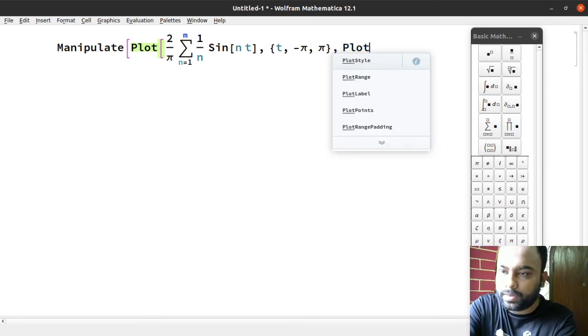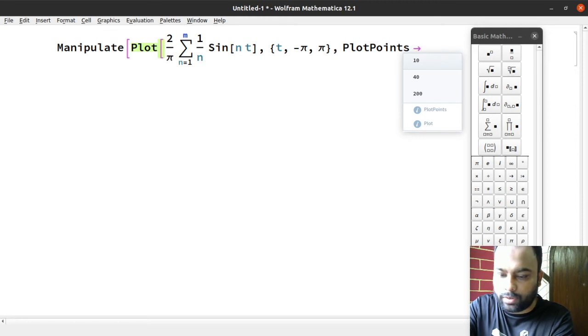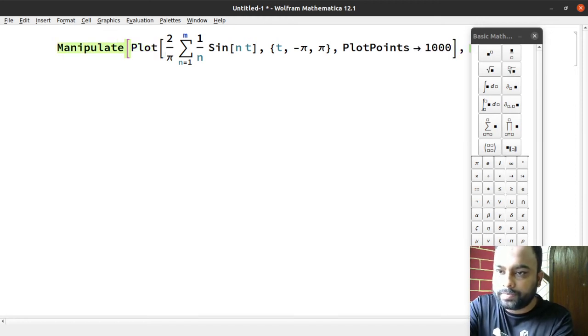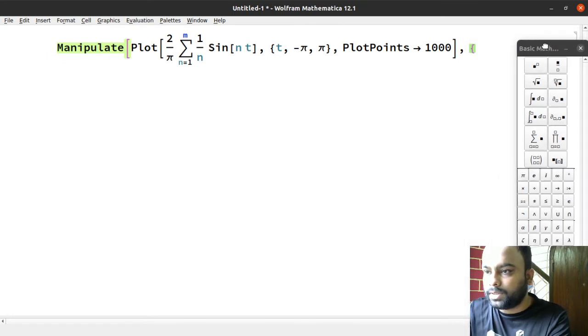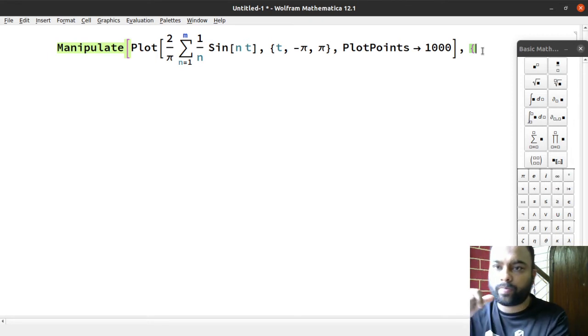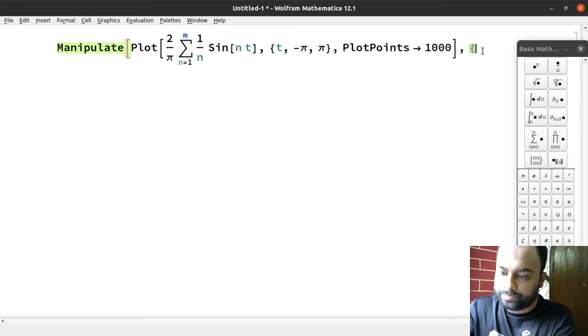Let's plot about 1000 points, and let's manipulate from 1 to, say for example, 50 in steps of 1.